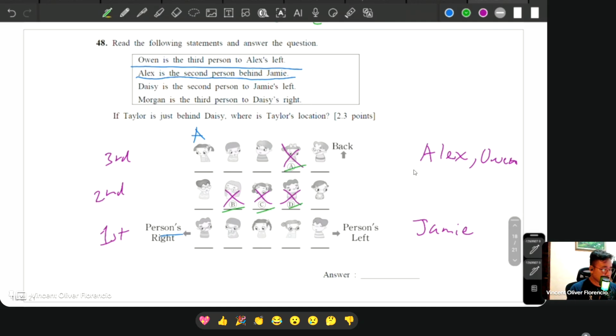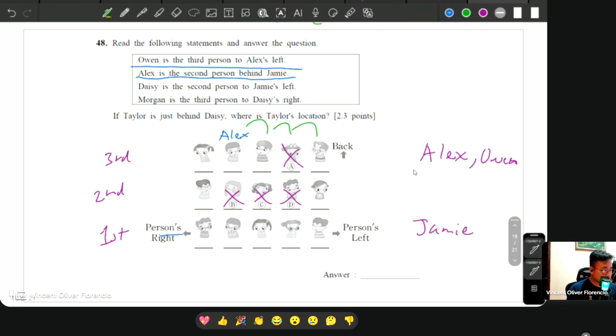So it's not possible that Alex is here. We can assume maybe Alex is here. If we go 3 to the left, again, this is their left, 1, 2, 3. It's possible.